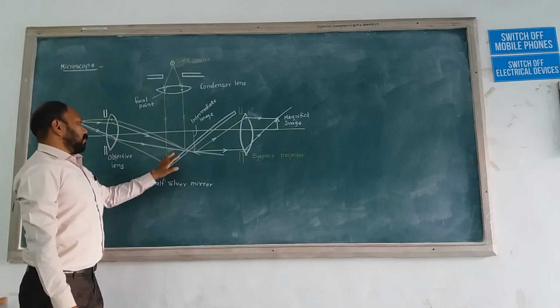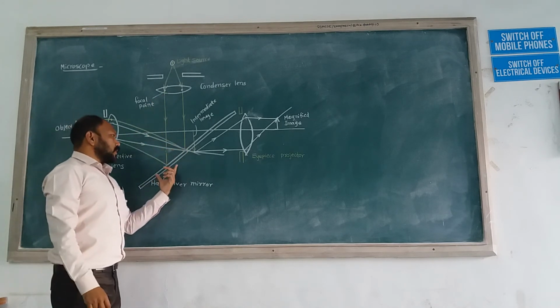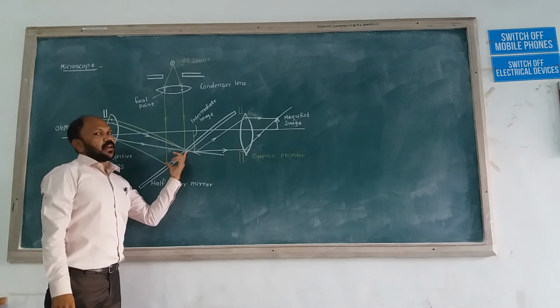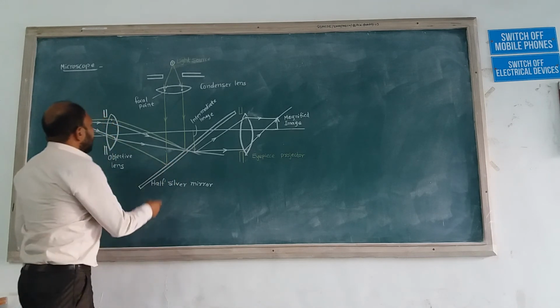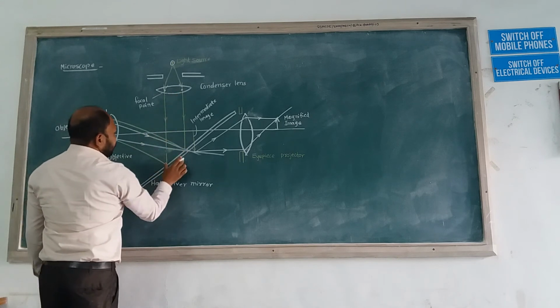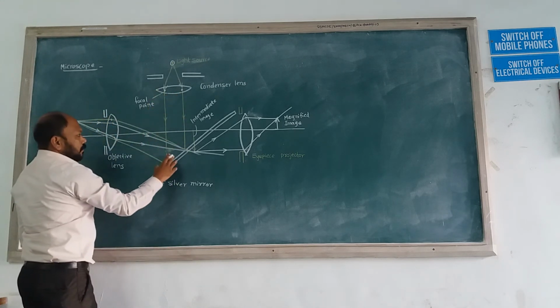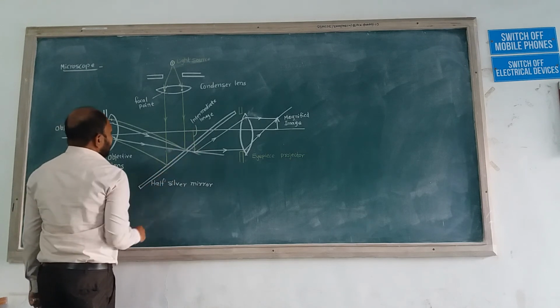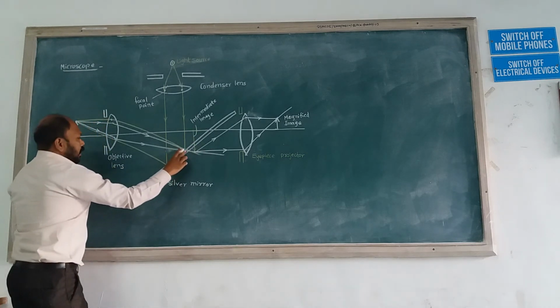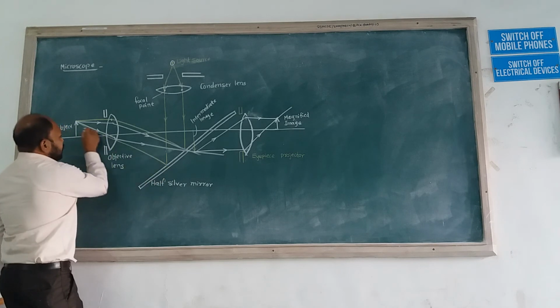After entering this half silver mirror, it gets reflected. This yellow color line represents the initial rays coming on this half silver mirror. After reflection it is transmitted in this direction.